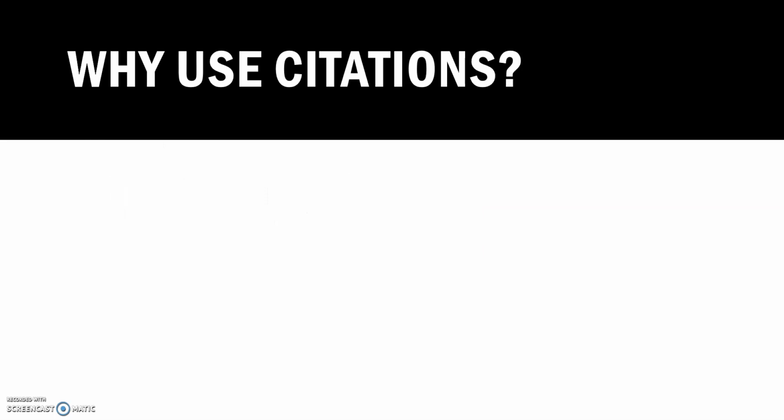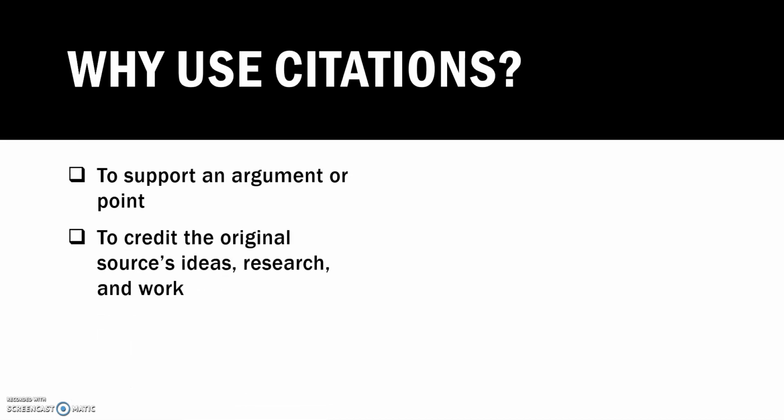So let's talk for one about why we use citations. In-text citations are extremely important in academic writing. Regardless of whether or not you have a Works Cited page, you must use in-text citations. It's not enough just to do a Works Cited page. These are used to support your argument or your point by directing your reader exactly to the source that you got your information from to back up your argument.